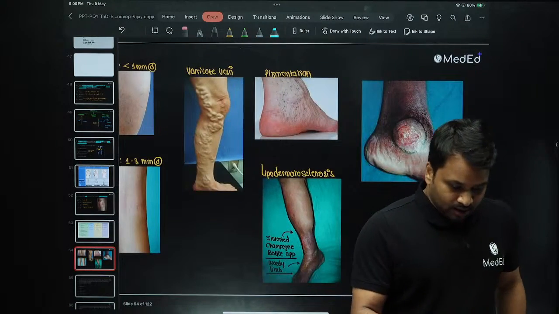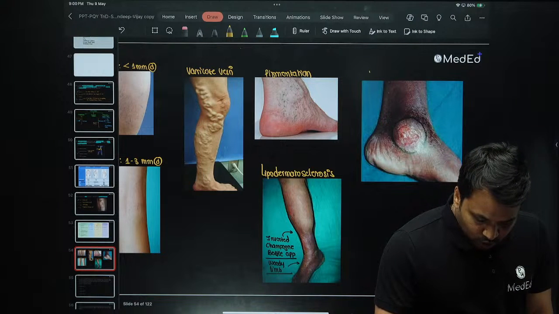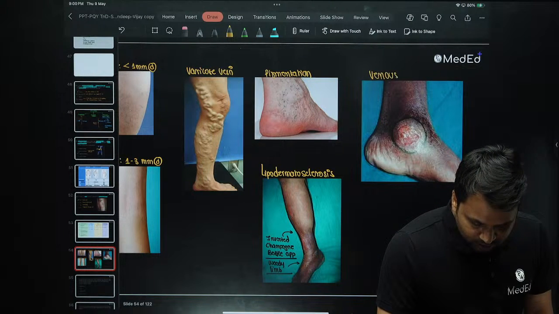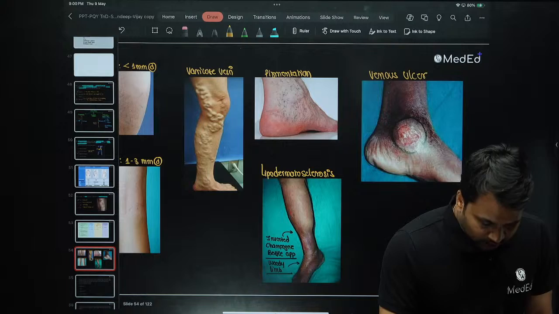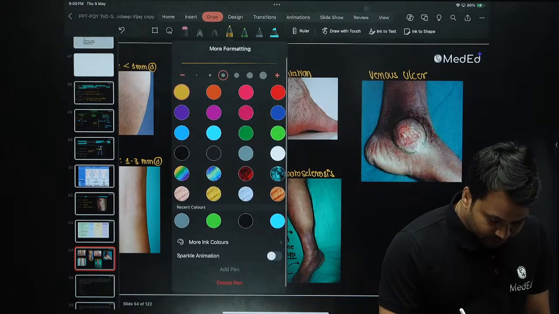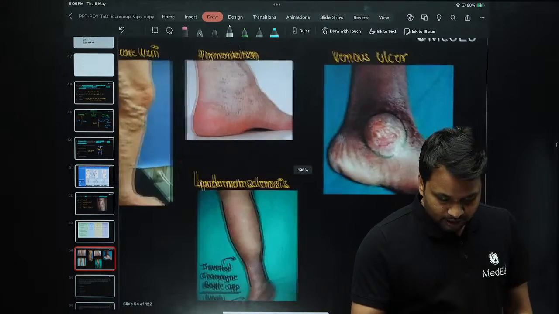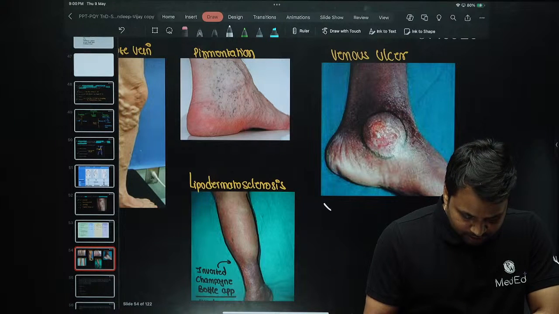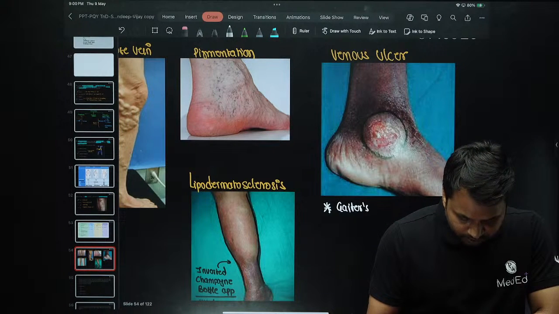Okay. Now this is your venous ulcer. How do you know that it is a venous ulcer? Number one, look at its area of presentation, and this is what we call the gaiter area.